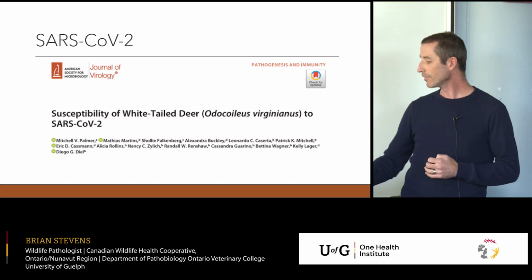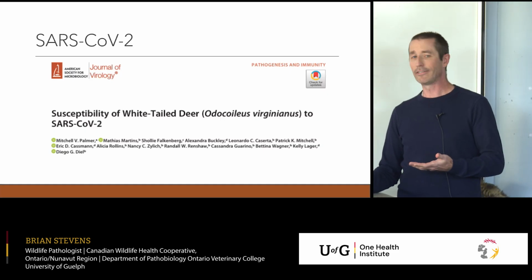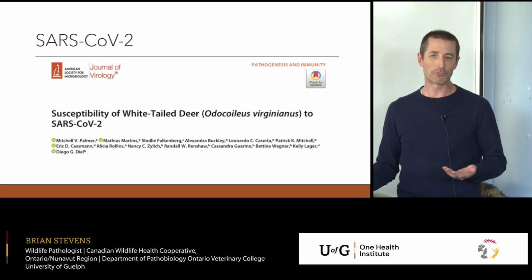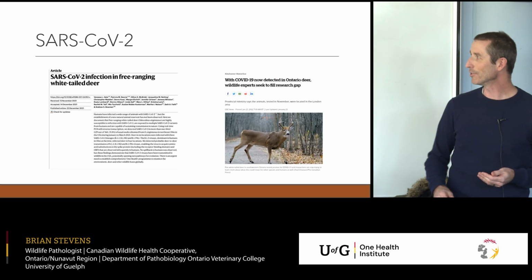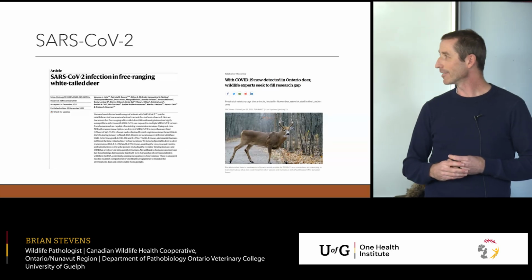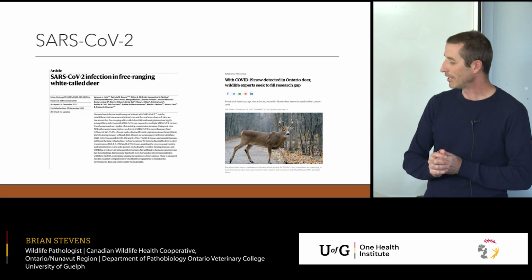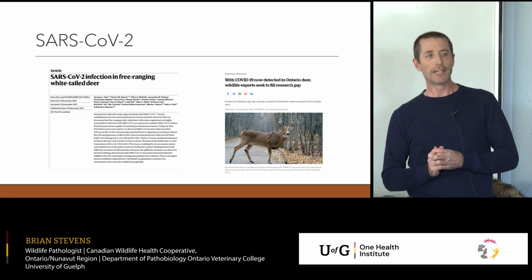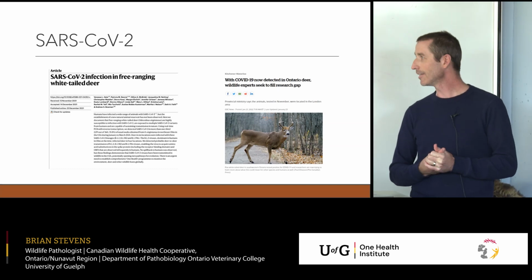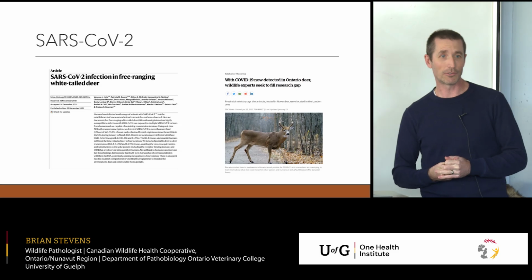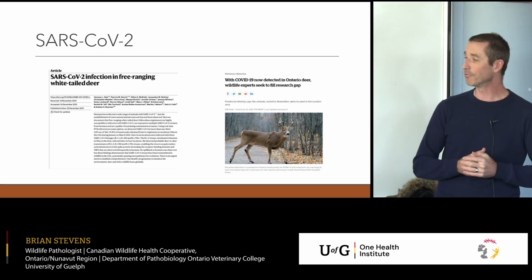But again, just knowing that they can be infected in the lab doesn't really mean much for our wild populations. But research started to come out at the end of 2021 that started to look at whether or not wild white-tailed deer were being infected with SARS-CoV-2.